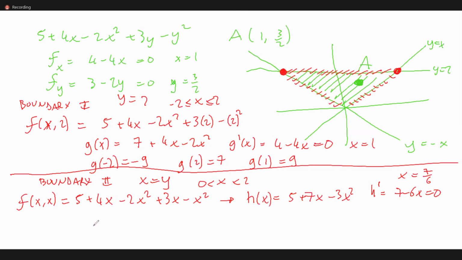So now we take the values of the function at the extrema, so 0 and 2. So h of 0 is 5, h of 2 is 7, and h of 7/6 is equal to 9.08.